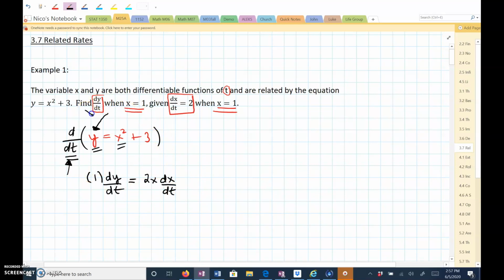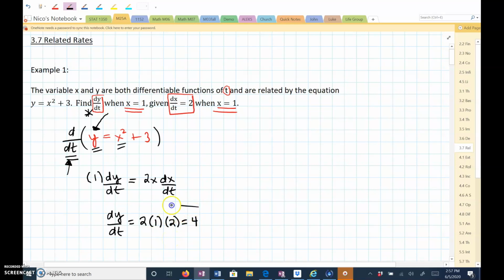The question wants us to find this, dy/dt. So I have dy/dt equals 2 times x. Well, they want us to figure out what dy/dt is when x is 1, so I'm going to substitute 1 here, and dx/dt is 2. So this would be 4.